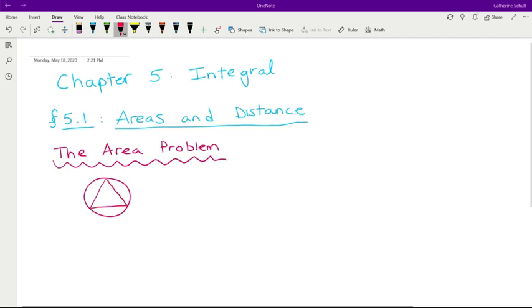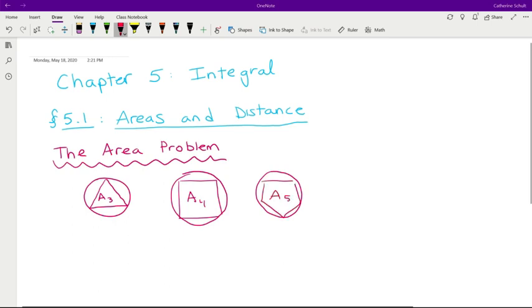Because we know how to calculate the area of these straight edged shapes, but curves are more difficult. So we could estimate it with a triangle. A more accurate estimation would be a square. An even more accurate estimation would be a pentagon, right? And we can keep going and going.